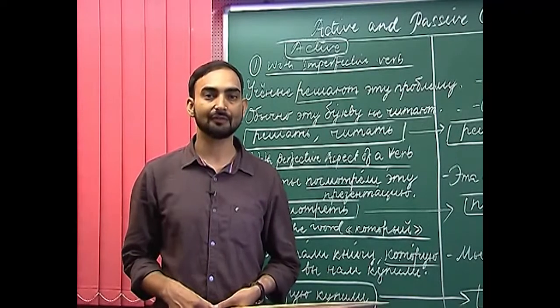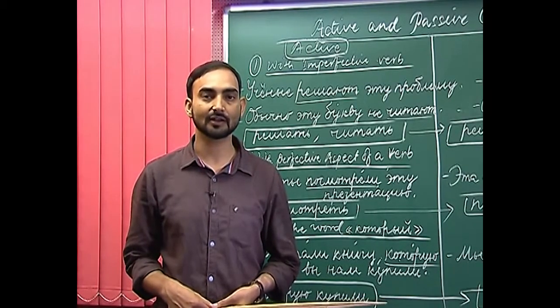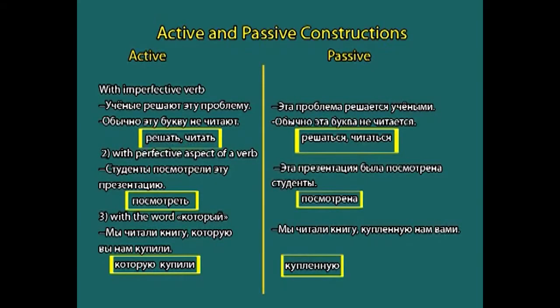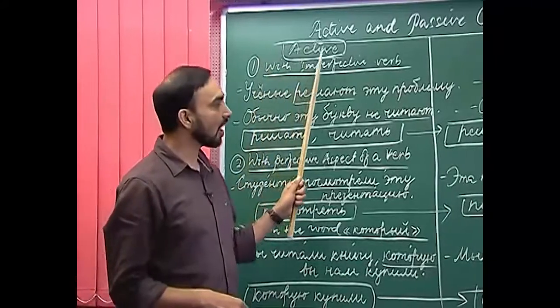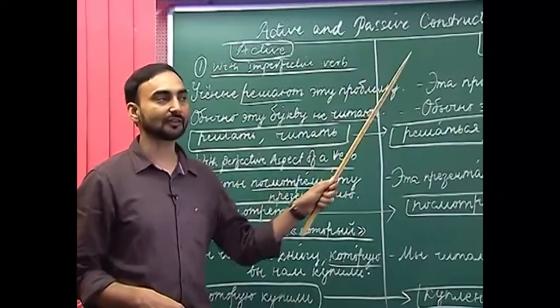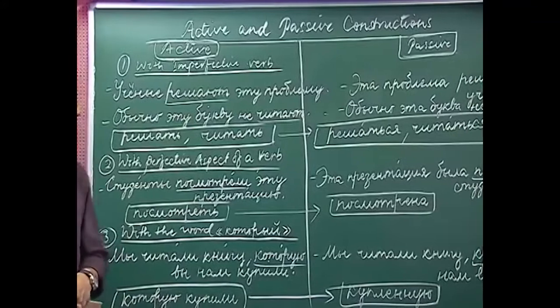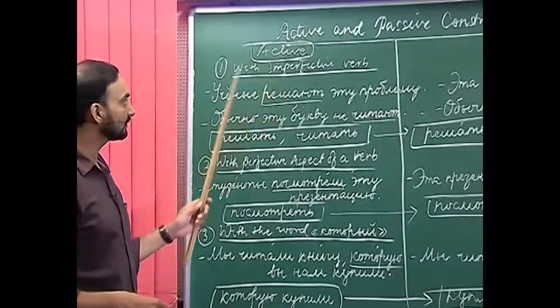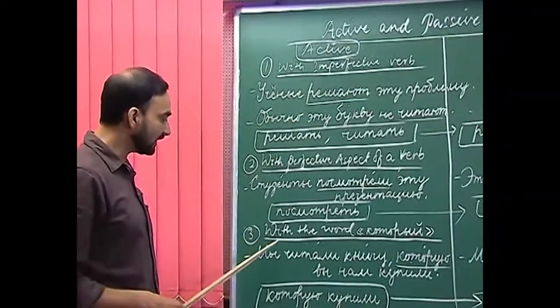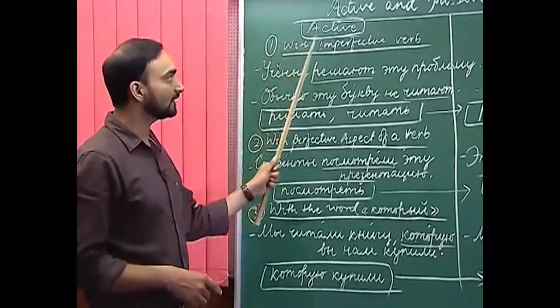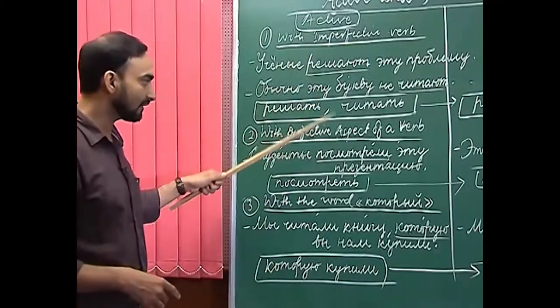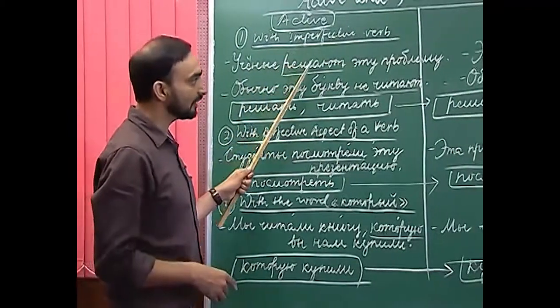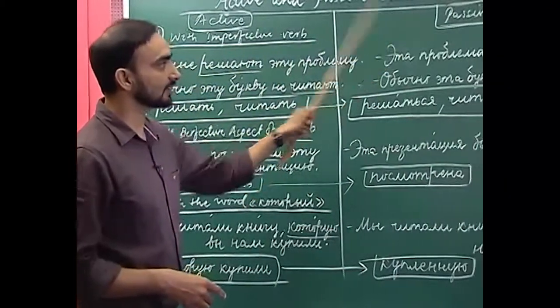The next topic we have is active and passive constructions in Russian. So, there are some constructions which are active, and how do we change them into passive constructions? This is what we are going to learn today. So, within the active constructions we have categorized 3 different constructions, and then we have changed them into the passive constructions.